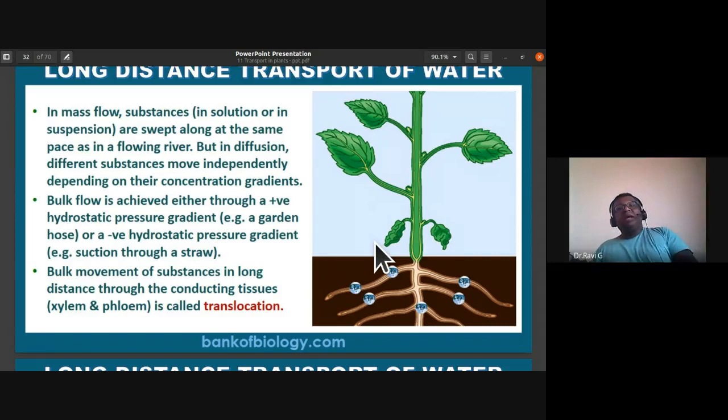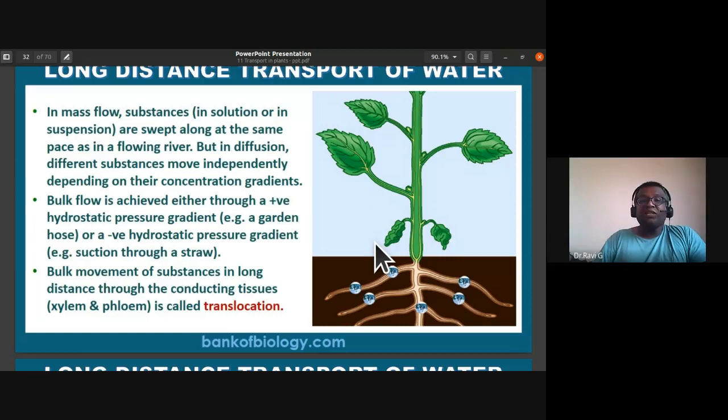So bulk flow is achieved either through a positive hydrostatic pressure gradient, example water flowing in a garden hose from the tap, or the bulk flow can be by a negative hydrostatic pressure gradient, as in the case of the transport of water.